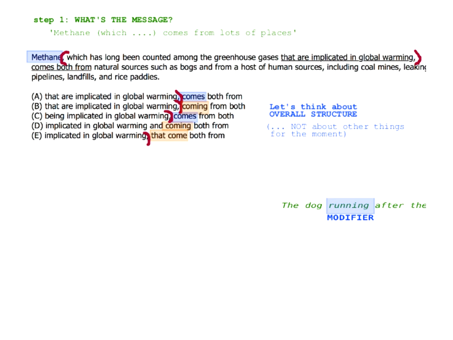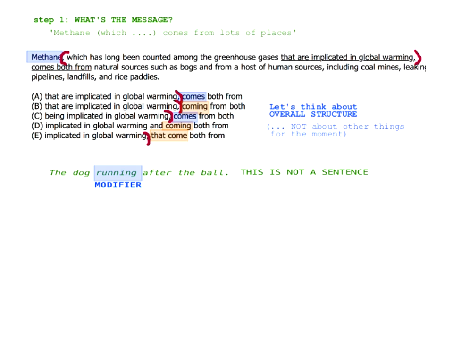So, those are gone because they are the same thing as B, D, and E. They're like that sentence. So, gone, gone, gone. All right. So we got A and C.